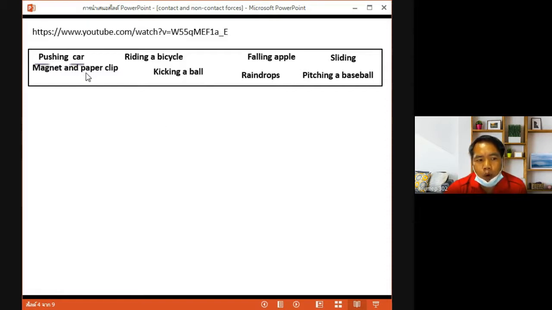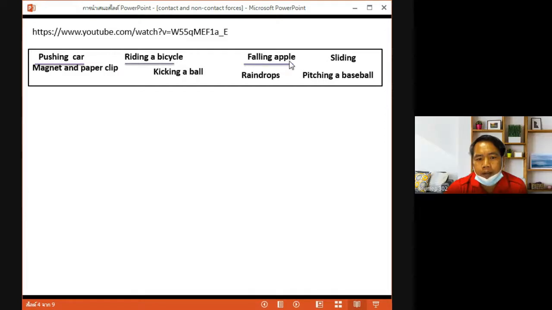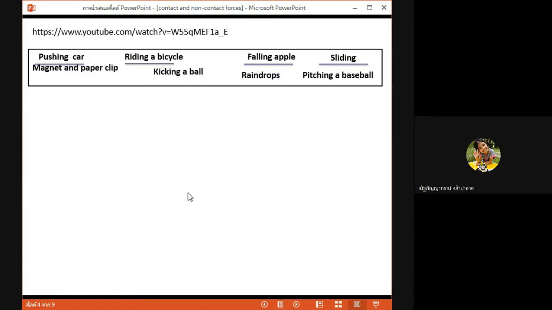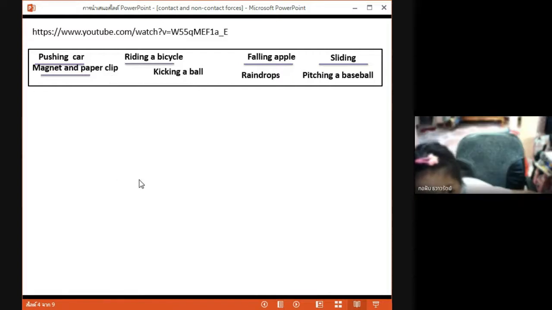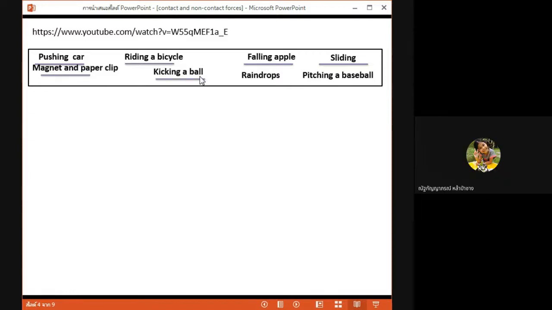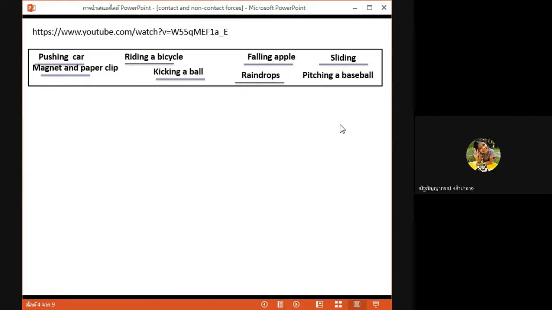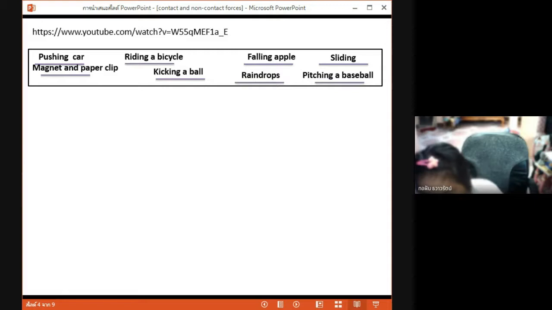We have here: pushing car, riding a bicycle, falling apple, sliding, magnet and paper clip, kicking a ball, raindrop, pitching a baseball.